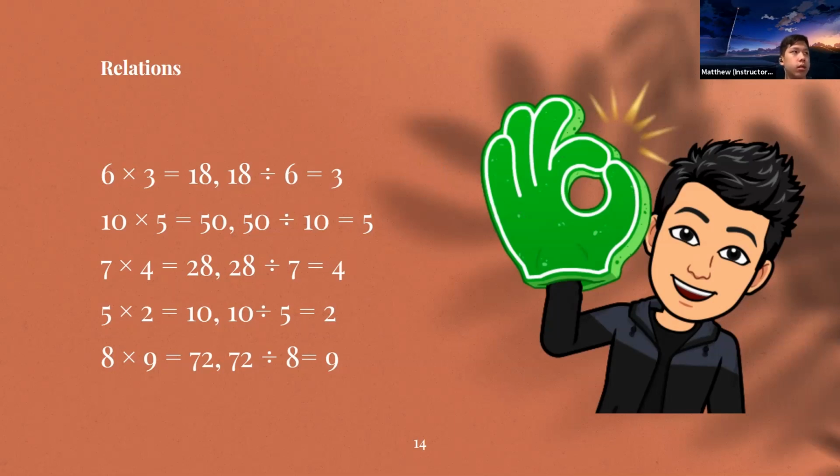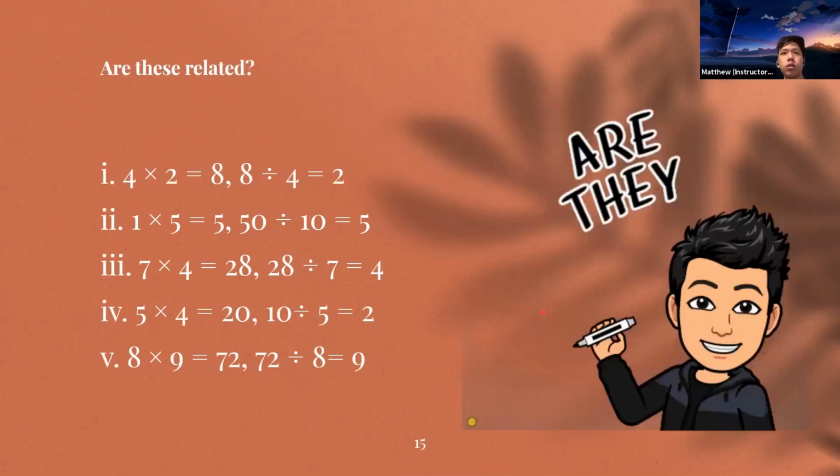Alright, let's go. Hope you all get this. So let me ask you now, are these related? Is the first one related? Well, 4 times 2 is 8, and 8 divided by 4 is 2.